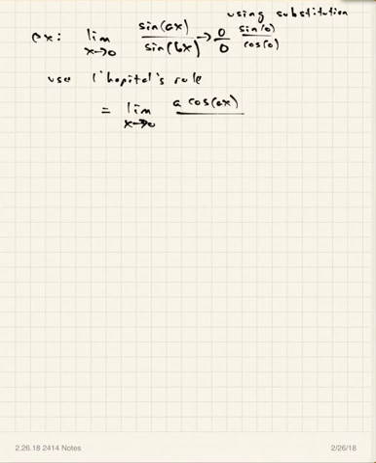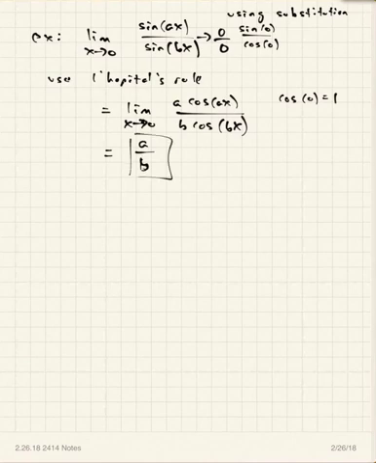And the derivative of the denominator would be b cosine of bx. Right, and now you try substitution again, but the cosine of 0, which you get in both the numerator and the denominator, is 1, remember. And so this is just a over b. And so sure enough, we've evaluated the limit, right? That last limit has a value of a over b, so the original limit had to have a value of a over b also.